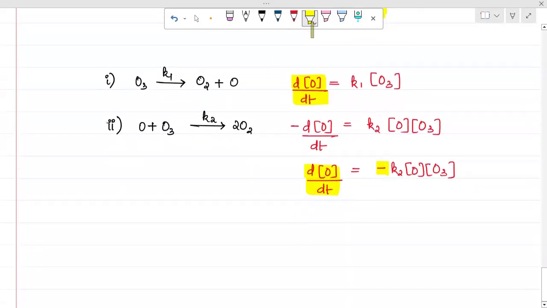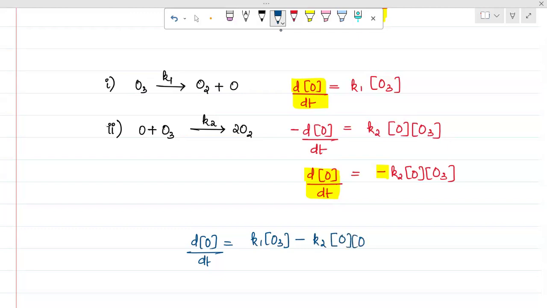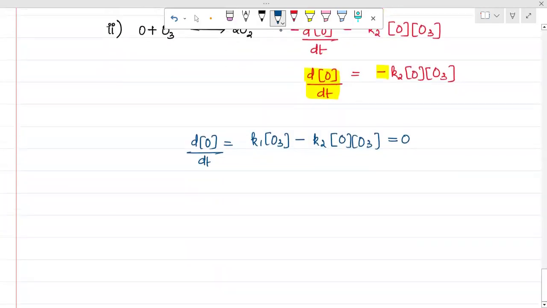So you have two expressions. We will add them. The total dO by dt is, from the first step, where it is being formed, K1 concentration of O3. In the next step, it is disappearing, so minus K2 O into O3, and this is equal to 0 using SSA. Use this and rearrange.